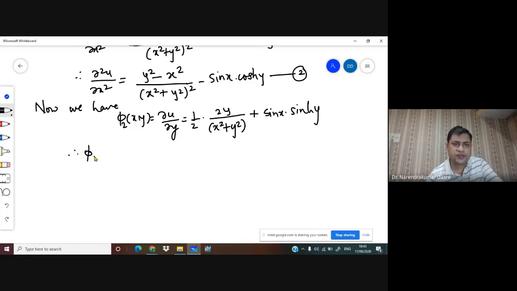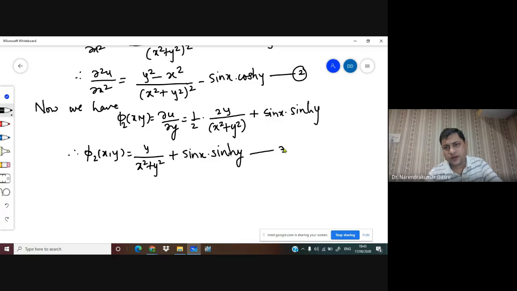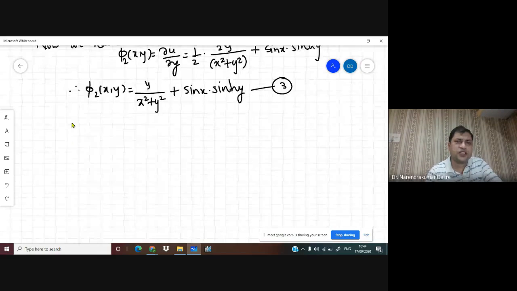Now what we get is phi 2 of xy is equal to y upon x square plus y square plus sin x into hyperbolic sin y. Let this be equation 3. Now we want the second order derivative of u with respect to y. So let us find the second order derivative with respect to y.